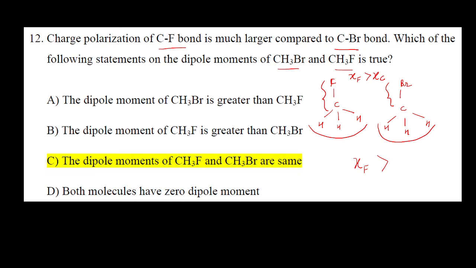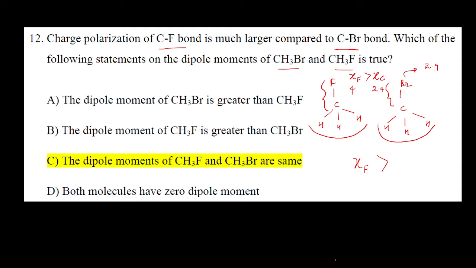Now we need to compare the electronegativity of carbon and bromine. We should remember the basic electronegativities of the general elements: fluorine is somewhere close to 4, carbon is somewhere close to 2.4, and bromine is somewhere close to 2.9 or 2.8.